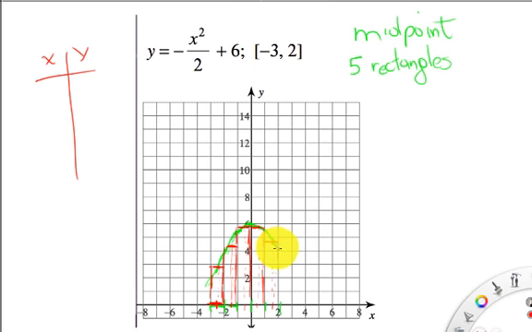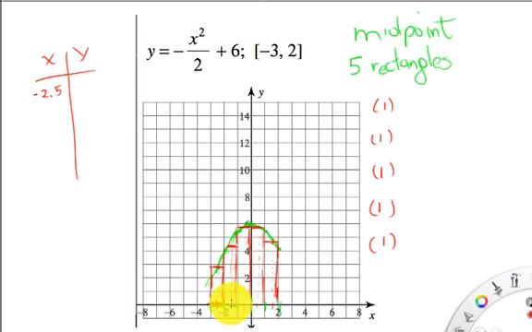Okay, and what I'm going to do to actually find those heights, because notice that the heights haven't changed, the widths haven't changed. So I'm going to have 5 rectangles of width 1. So where is this midpoint? It is exactly between -2 and -3. So it's a -2.5. Same thing with this midpoint.